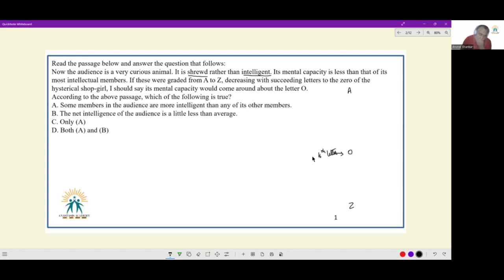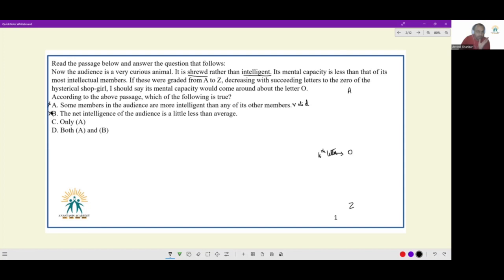Anyway, within the reference of this question, some members in the audience are more intelligent than any of its other members. This is valid. The problem with this is, if A is valid, option C would also be valid, which means both of these are not necessarily the answer.